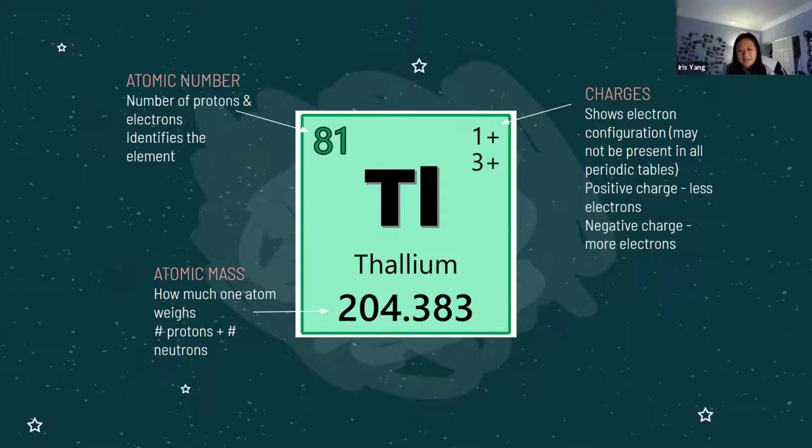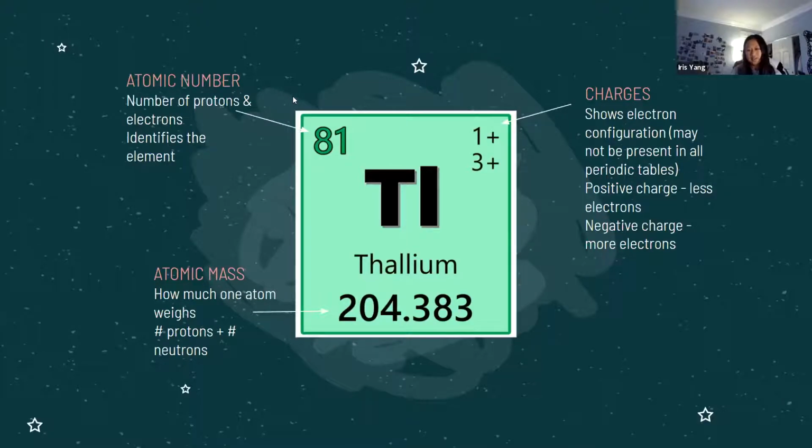We can have thallium with different numbers of neutrons, and that would change the mass. So the mass that's on the periodic table is usually the proportion of how much of each mass there is.